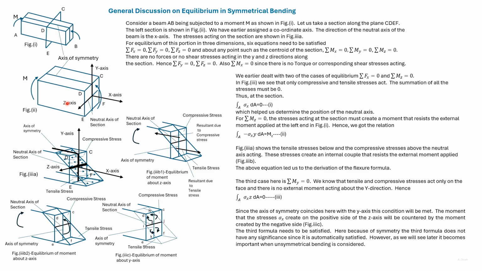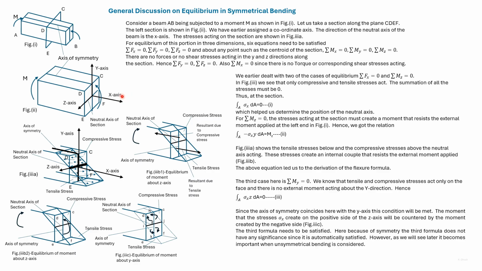Now consider this body. There are no forces acting on this body in the y direction or the z direction. There are also no stresses acting in the y direction and the z direction. So the equations summation Fy equal to 0 and summation Fz equal to 0 are automatically satisfied.